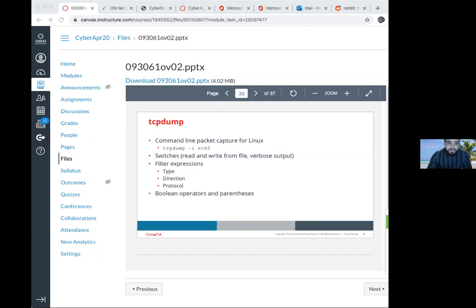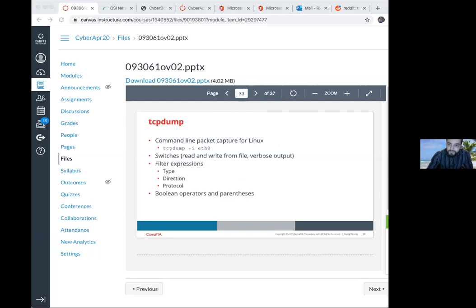All right, tcpdump. tcpdump is a command line packet capture tool for Linux. So this says tcpdump interface eth0. eth0 is the interface that we listen on our computers. That's what it's listening for, traffic meant for your computer on the internet. It will continuously capture packets until you actually stop it yourself.